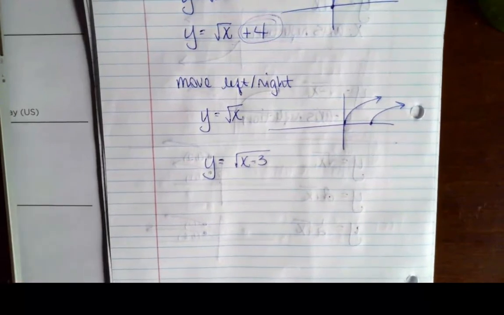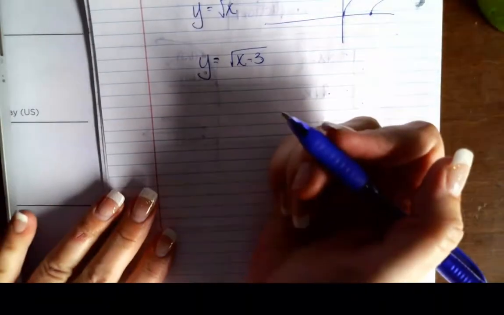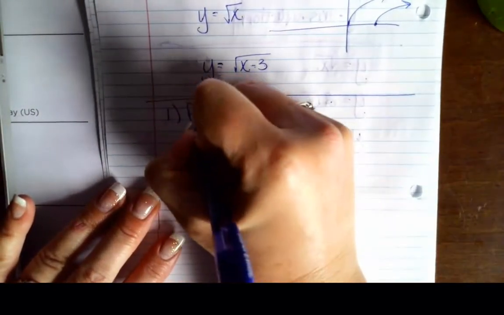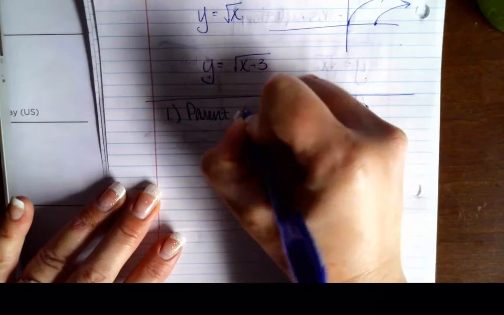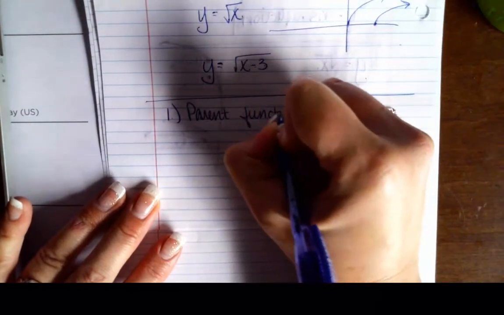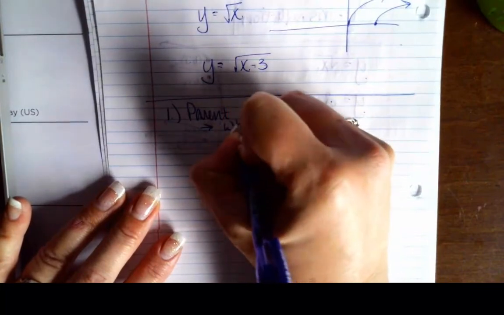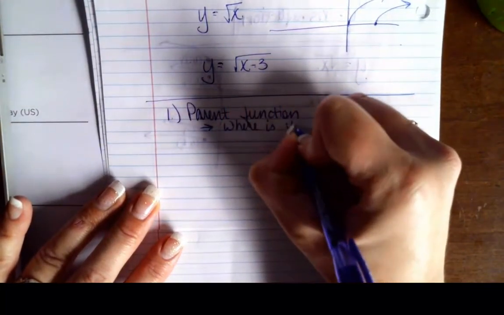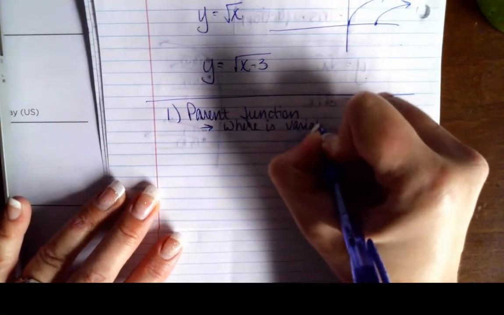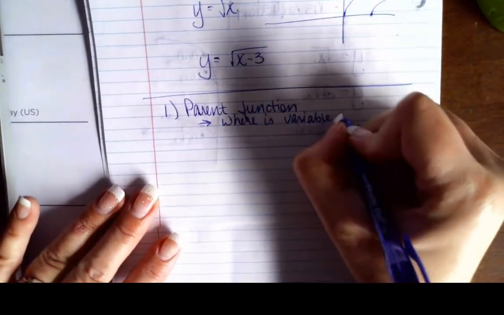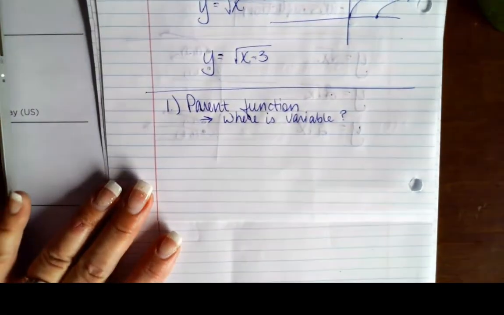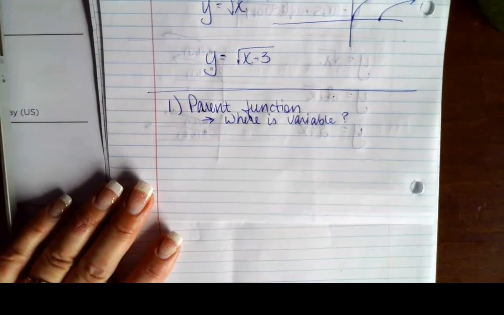So now what we're going to do is start applying some of this stuff. So the first thing we want to know is, what is our parent function? So I'm going to kind of give you a list. Your parent function, you're going to identify by telling me where is your variable. So for instance, is it under a radical? Is it in a denominator? Is it in special brackets?